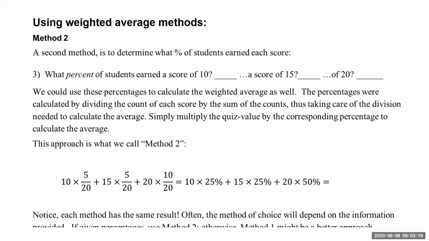All right. Now, you can as well find the percentage of the number of times these numbers are showing up. What percent of students earned a score of 10? You realize that it's 25%. 15 is also 25%, and the remainder is 50%. Is that right?